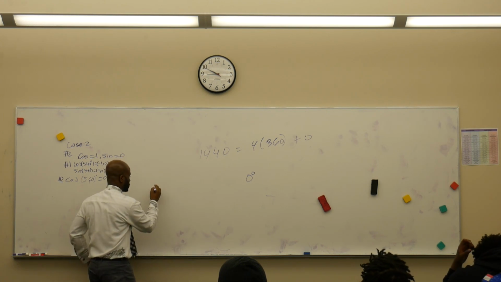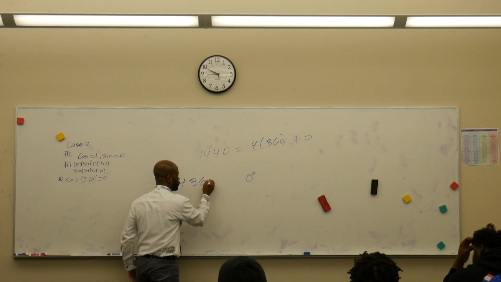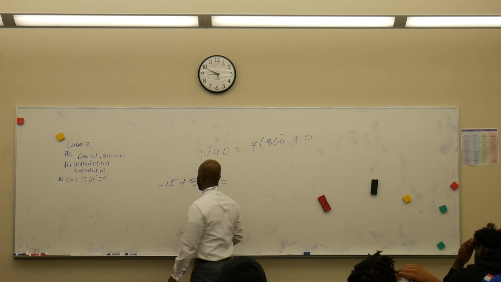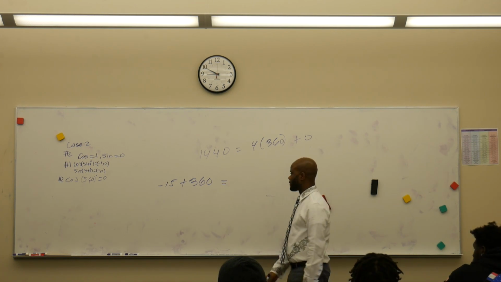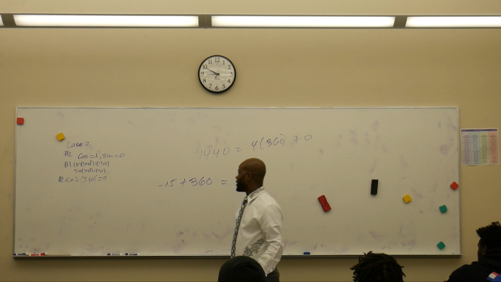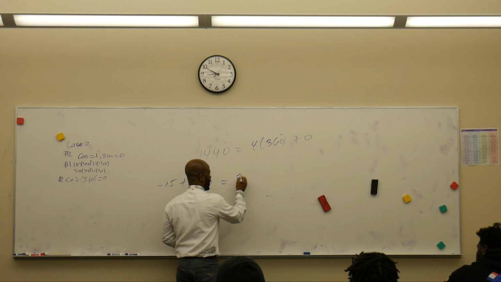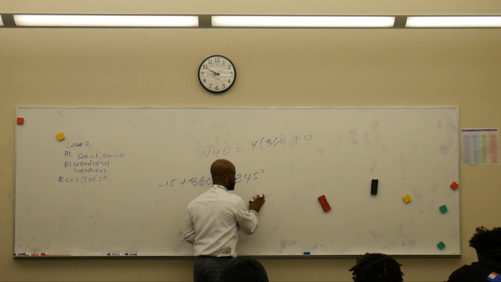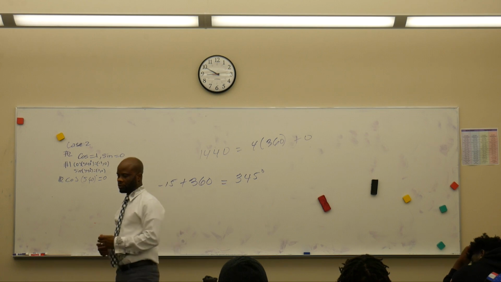So I got to do negative 15 plus a full rotation. What would that give me? Negative 15 plus 360 is 345. That's the angle measurement we have to consider.